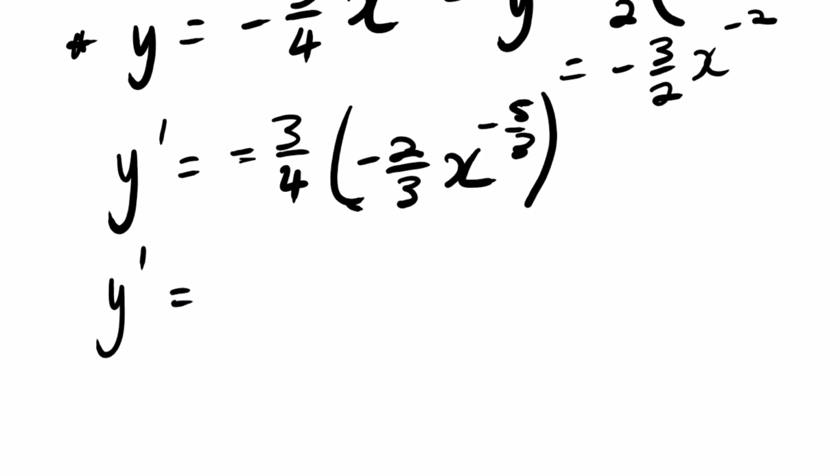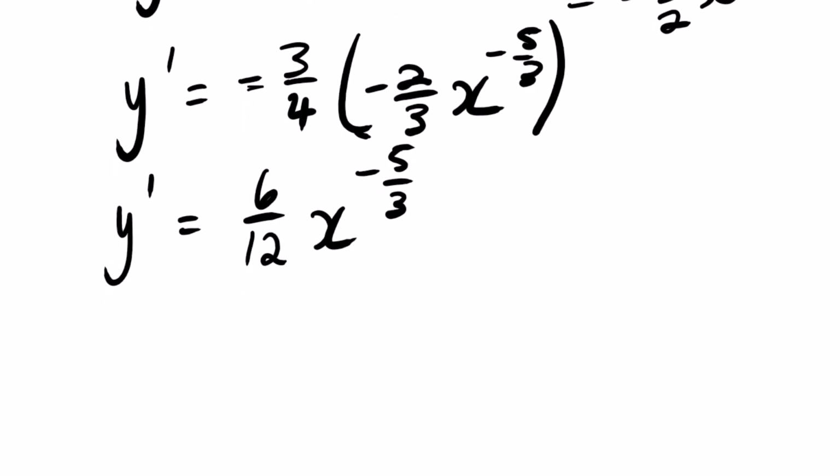So negative and negative, we have positive, so we have 6 over 12 x to the power negative 5 over 3. One over 2 x to the power negative 5 over 3.